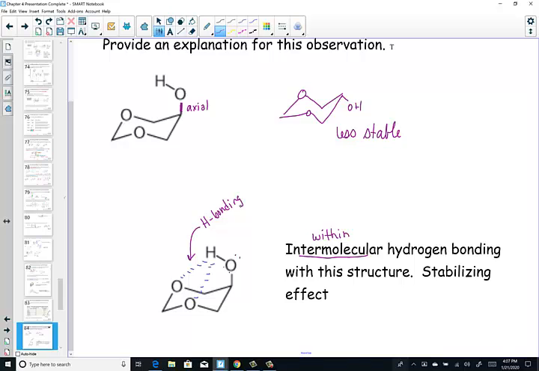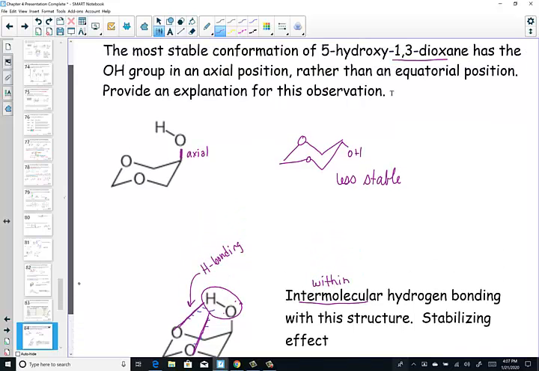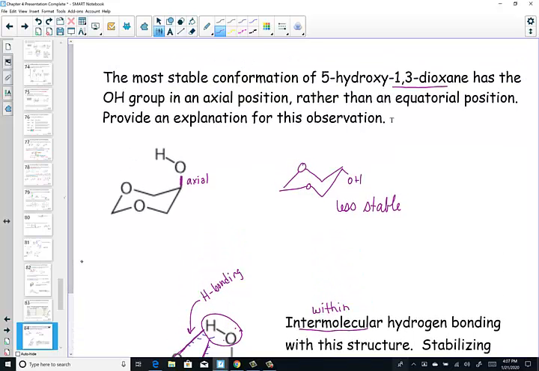But see how specialized that is? This OH communicates with the oxygens that are part of the cyclic structure, creating hydrogen bonding. It's such a rarity, it ended up as a think-about-this question in your homework, whereas the vast majority of any type of substituent branch is going to prefer the equatorial position.